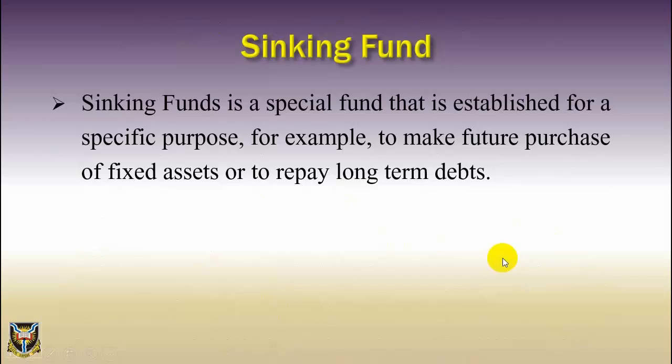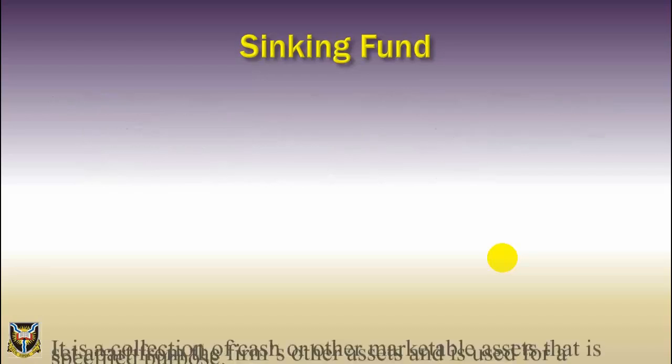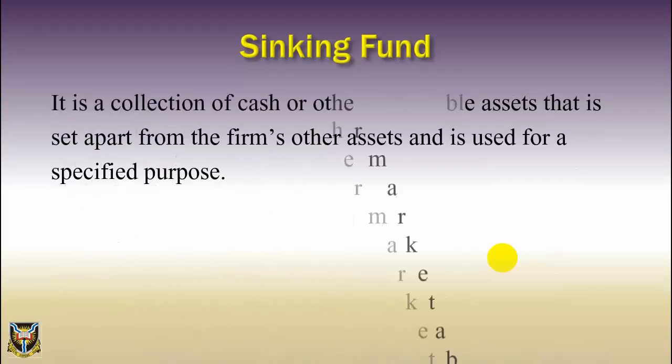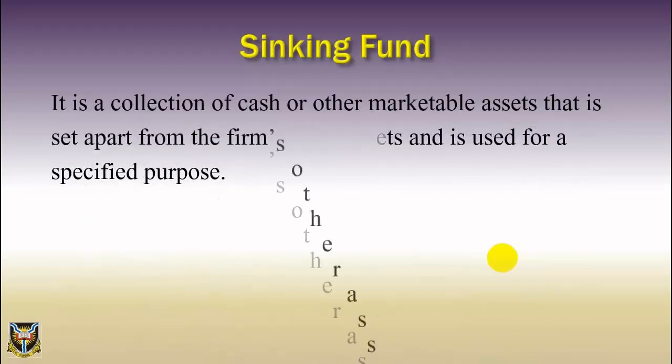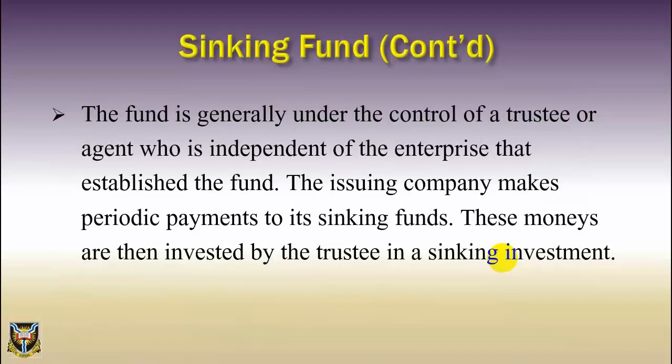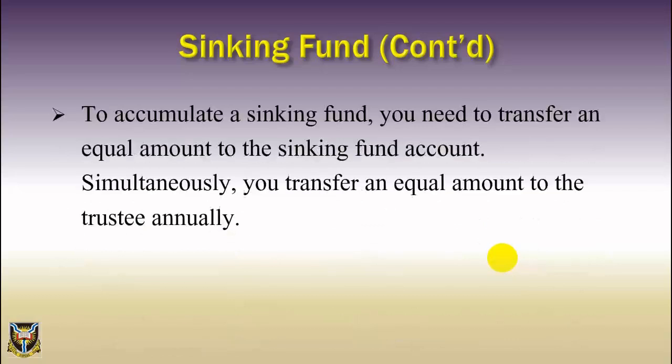The fund is generally under the control of a trustee or agent who is independent of the enterprise that established the fund. The issuing company makes periodic payments to its sinking funds. These monies are then invested by the trustee in a sinking investment. To accumulate a sinking fund, you need to transfer an equal amount to the sinking fund account. Simultaneously, you transfer an equal amount to the trustee annually.